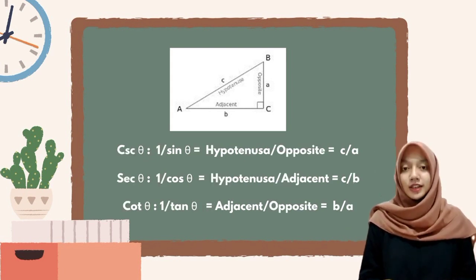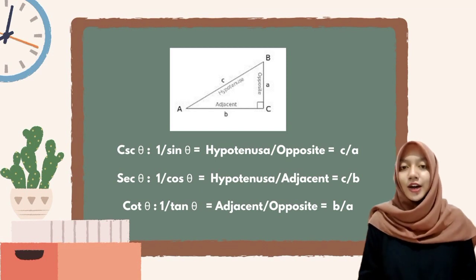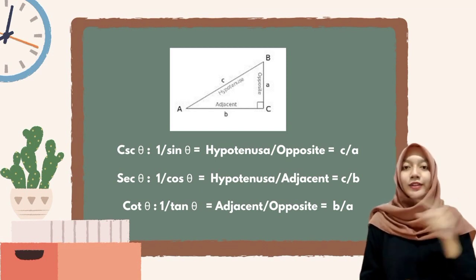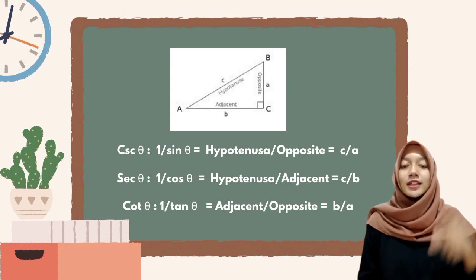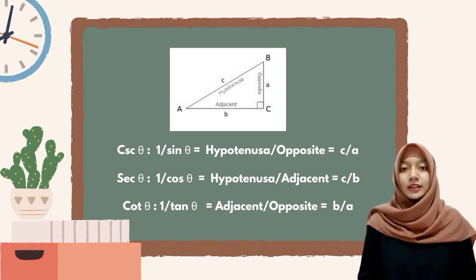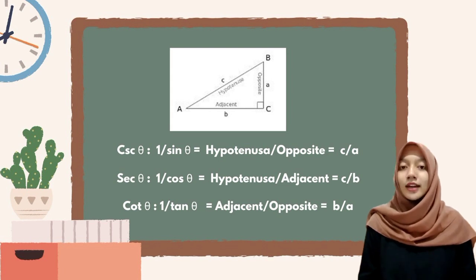Then cosec theta. Cosec theta has the formula 1 divided by sin theta equals hypotenuse divided by opposite equals C divided by A. Next is sec theta.